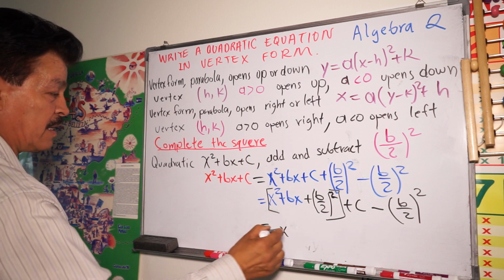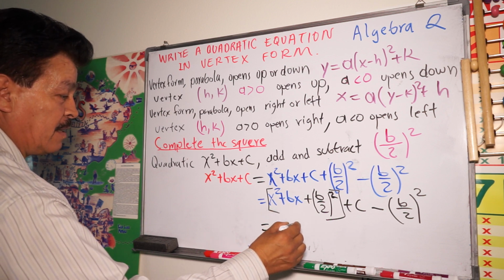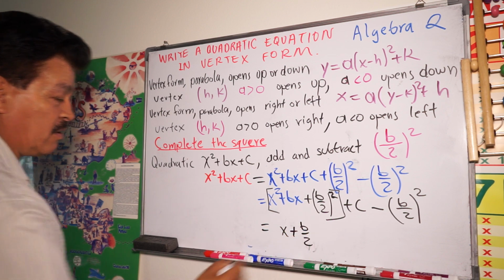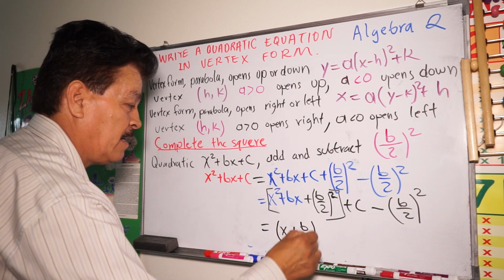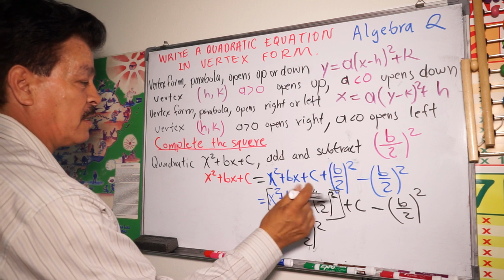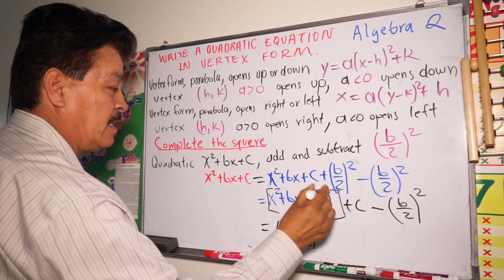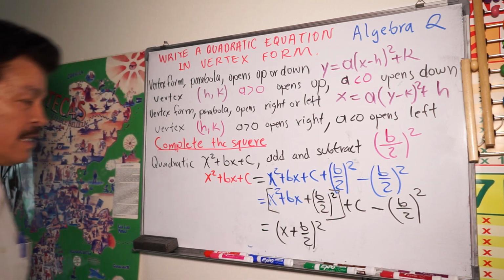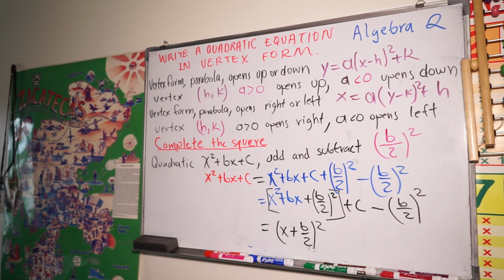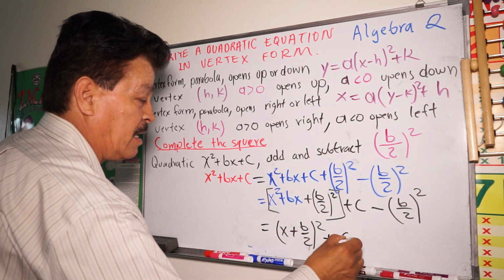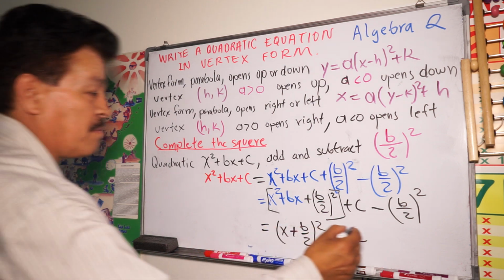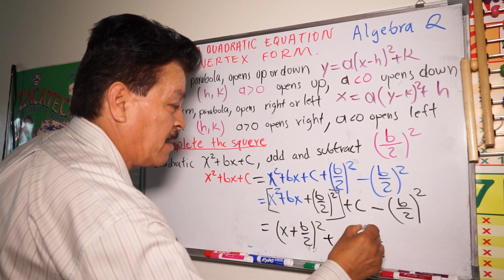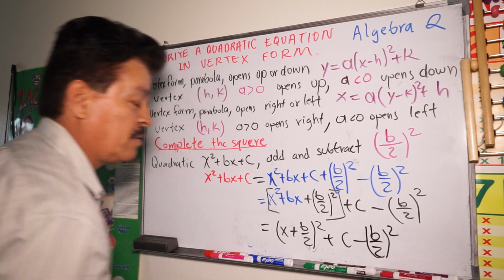You don't have to write like that. Plus b divided by 2, here, is to the second power, see? Here is to the second power, alright? So plus c minus b divided by 2 to the second power, right?